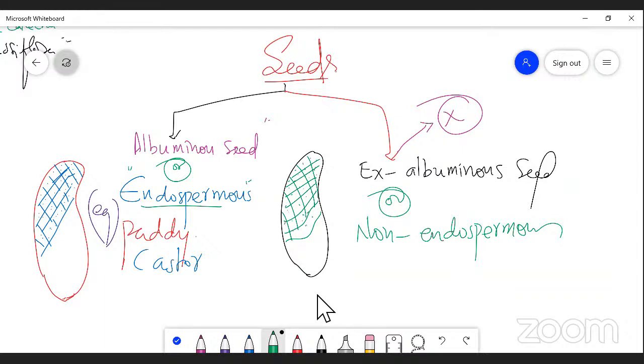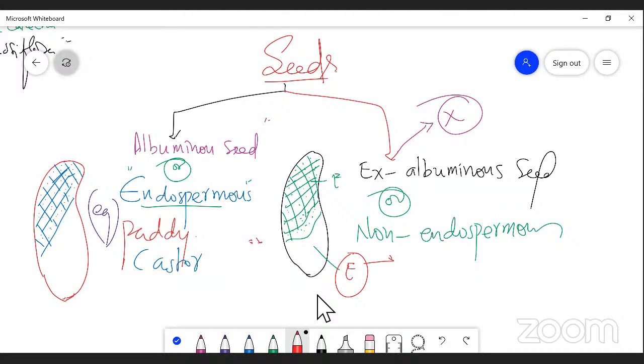The nutritive tissue is completely absorbed, hence it does not possess it. It is an endosperm, it is an embryo. When this embryo starts developing in a seed, it gets all the food material completely. This protein is substantially absorbed by the development of the embryo.